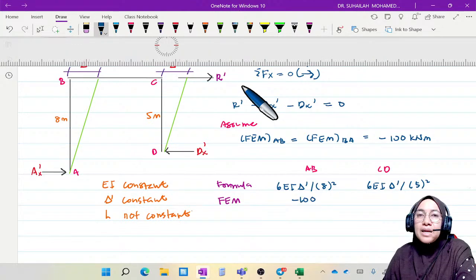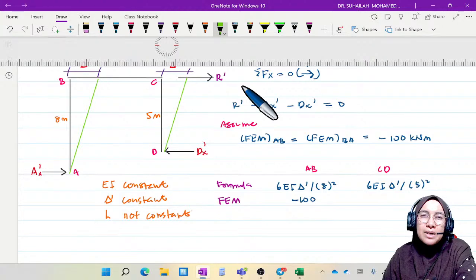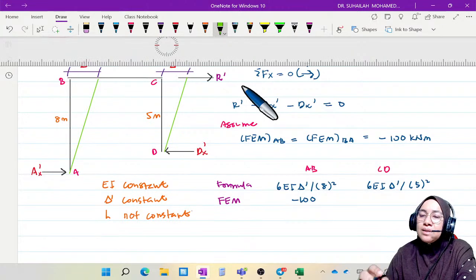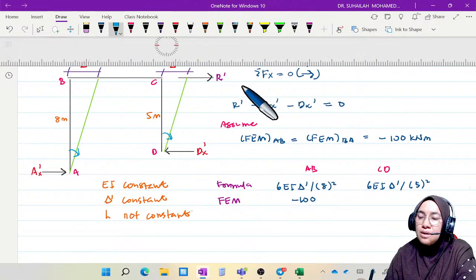Negative 100. Okay. Please remember the concept of FEM due to delta. In the diagram we have the angle which we measured from the original position to the new position. So this is a positive angle.